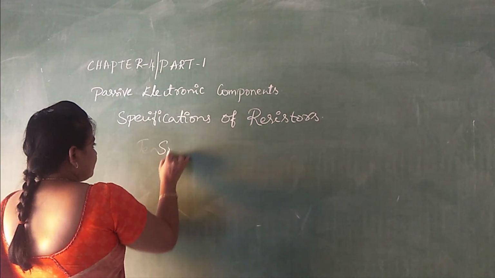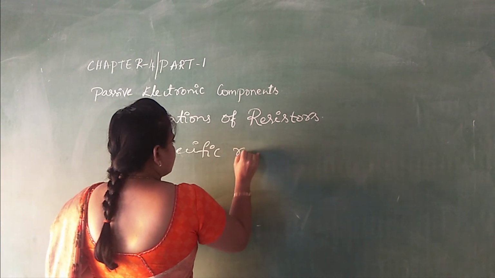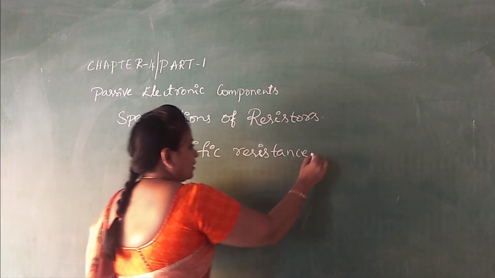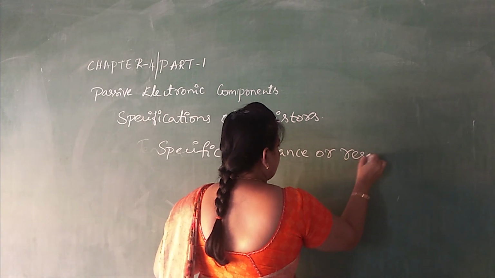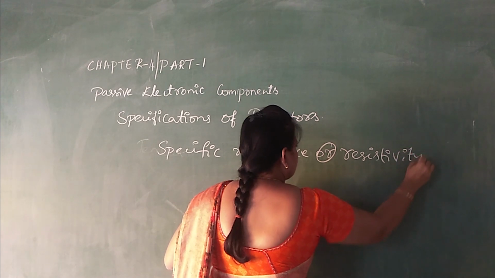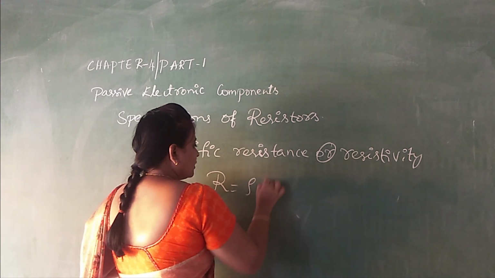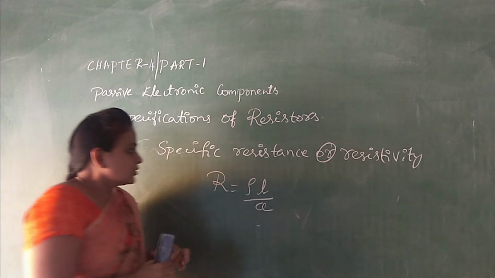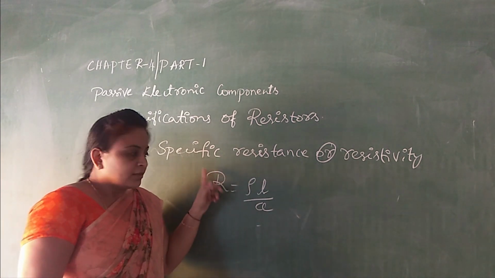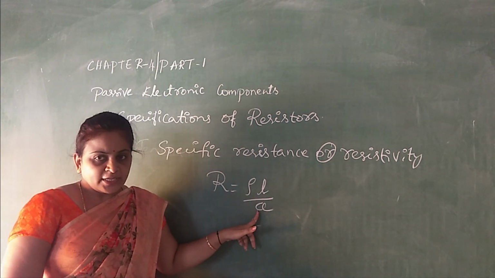At constant temperature, the resistance is directly proportional to the length and inversely proportional to the area.